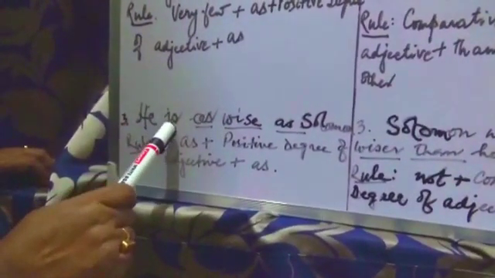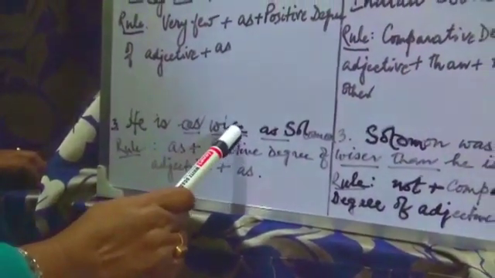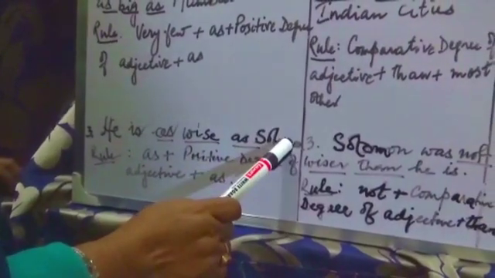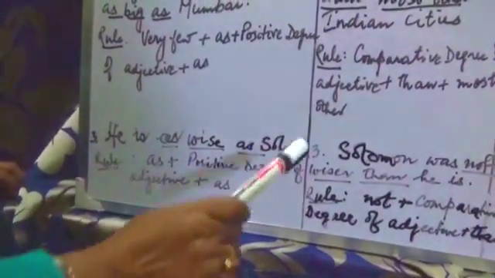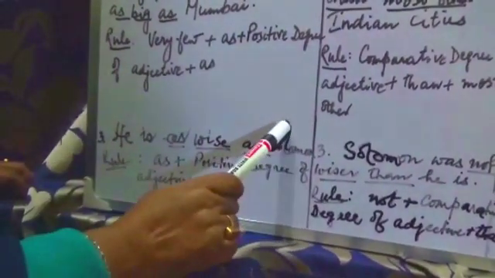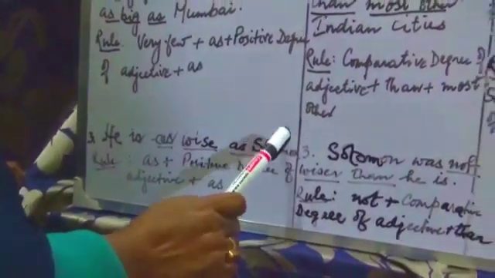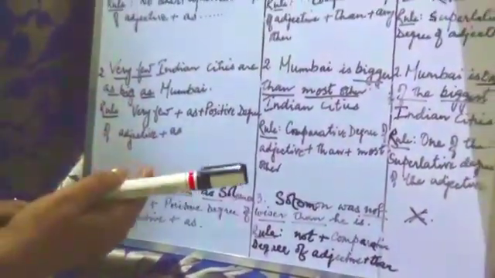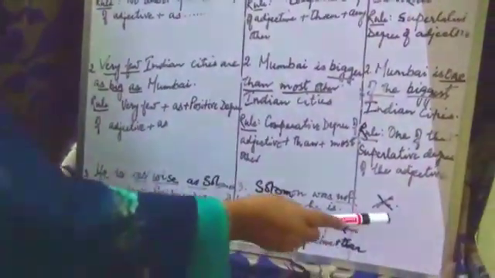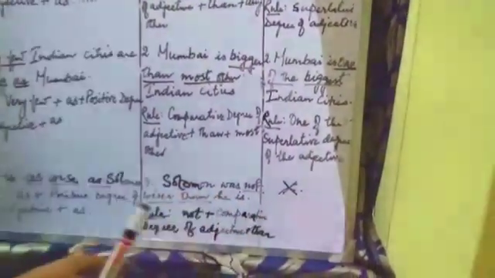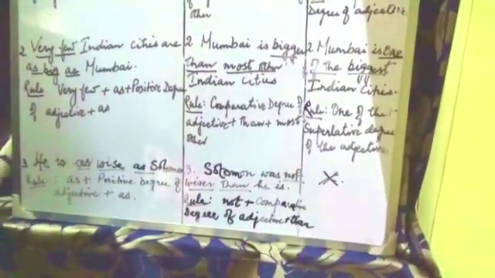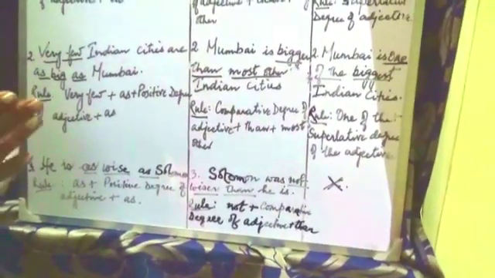Now the third category. He is as wise as Solomon. So now the comparison here is between two only, he and Solomon. So when you have comparisons between two, you cannot have the superlative degree, because you are comparing only two persons or two things.